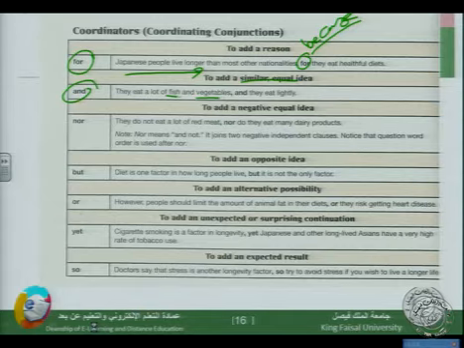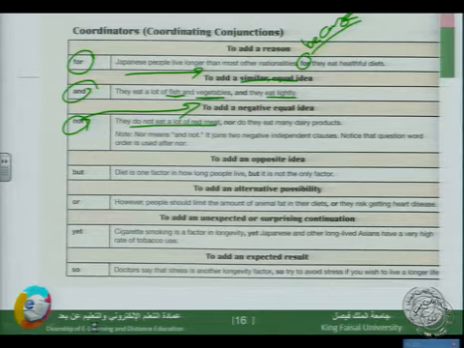Notice, this equals this, fish and vegetables, and they eat lightly. Nor is used to add a negative equal idea. They don't eat a lot of red meat, nor do they eat many dairy products. So nor means not and not.